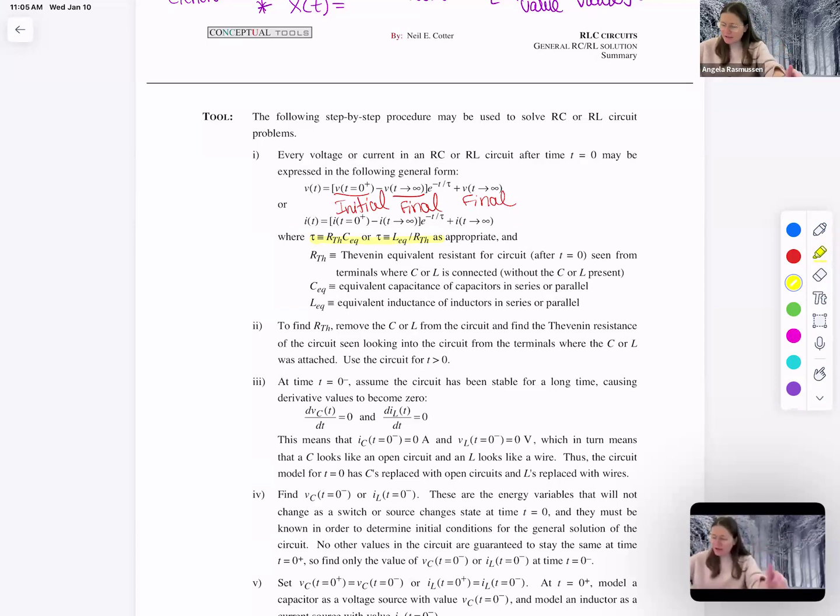So to find the initial value, we're going to look at circuits that have a switch in them. And what you're going to want to do is redraw the circuits so that they are not confusing, because the switch looks really confusing to every single student. So if you've seen a circuit with a switch and go, what am I supposed to do? You're going to redraw it with either an open or a closed where that switch is.